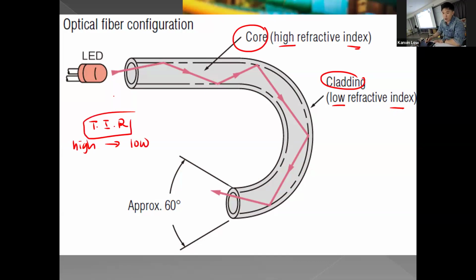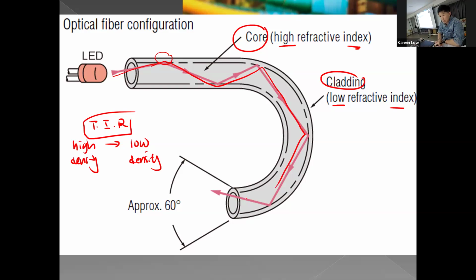What is high and what is low? High density to low density. Do you get what I mean? So high density equals high refractive index and low density equals low refractive index. So that's why the light must go in through the high one and the wall must be low. Then only will you reflect it.